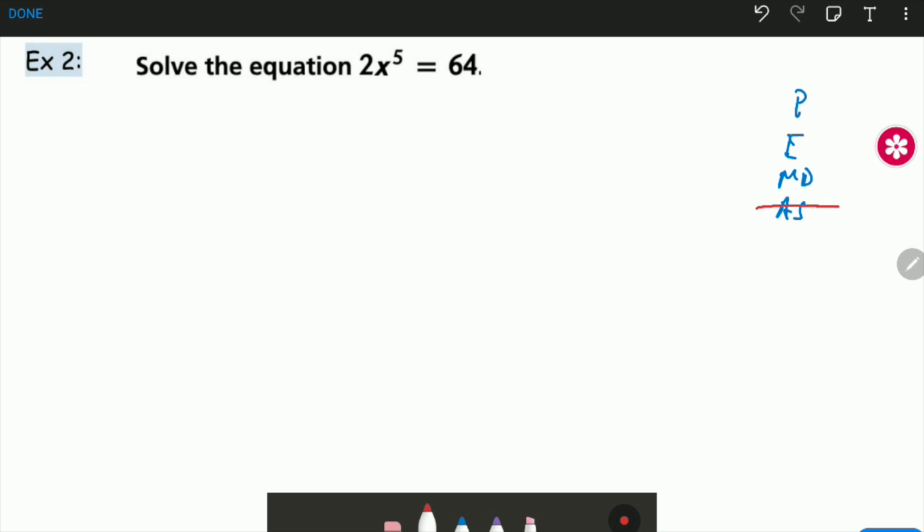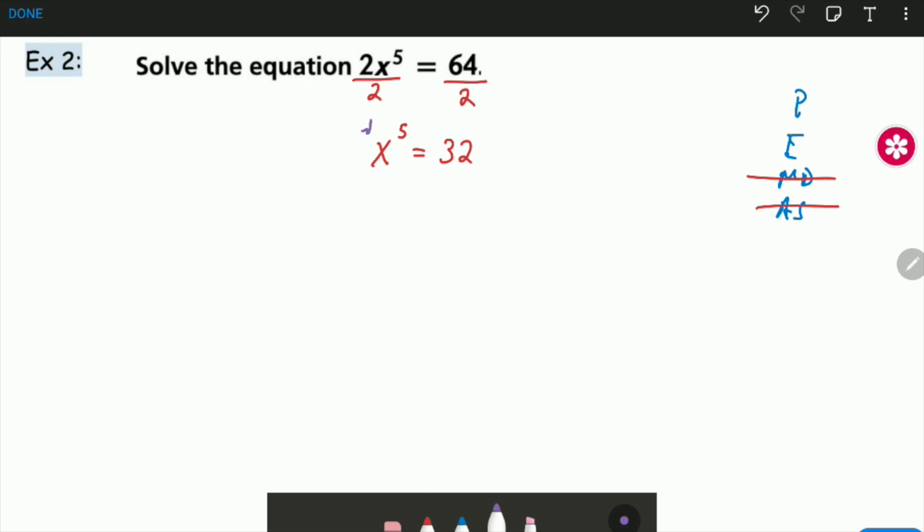Next, we'll get rid of multiplication and division, so we're going to get rid of the timesing by 2 first. We'll divide both sides by 2, giving us x to the 5th equals 32. So multiplication and division, done. Now we're going to get rid of exponents. To get rid of the exponents, what we're trying to figure out is what to the 5th power is 32.